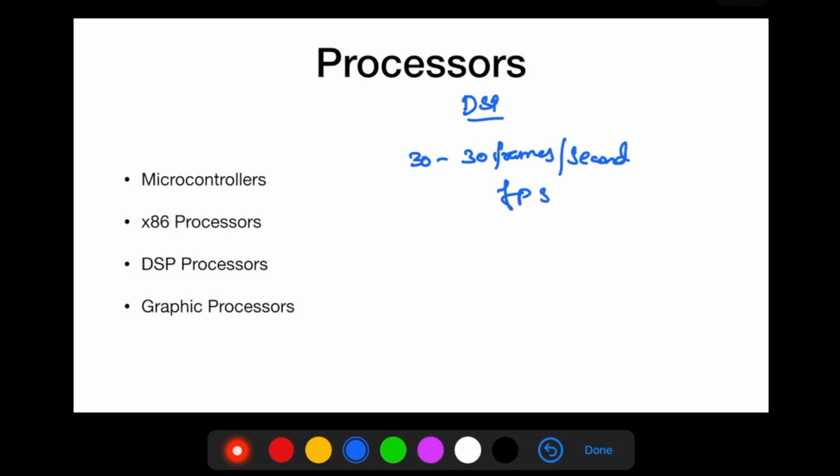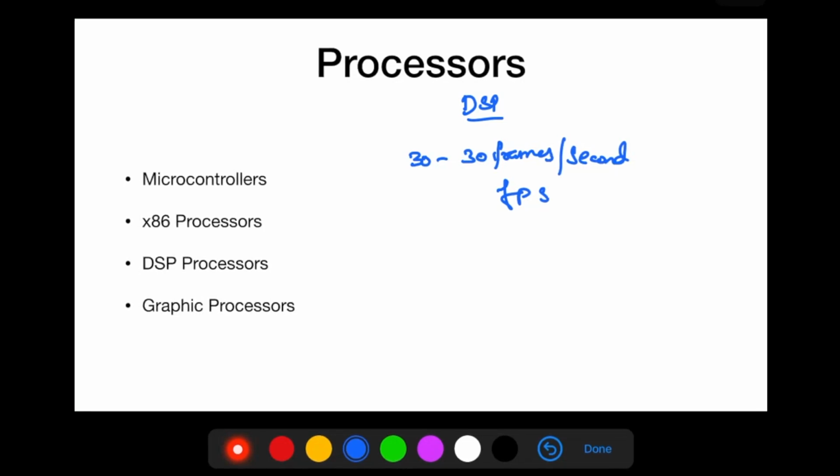Generally for processing heavier frames, we need huge processing power. See, in 1 second, 30 frames will move. Another second, another 30, 60, like that it will move. So in 1 second, these many things will be there. 30 is a nominal one.